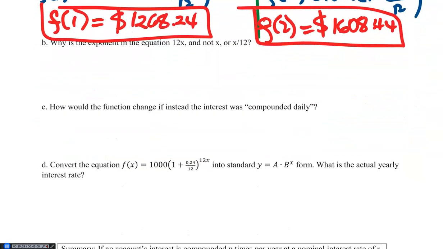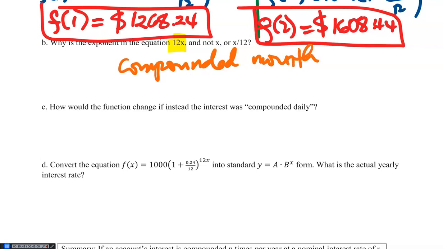Letter B, why is this exponent in the equation 12x and not x or x over 12? Since it mentioned that it is compounded monthly, that is 12 months in a year. Letter C, how would the function change if, instead, the interest was compounded daily?